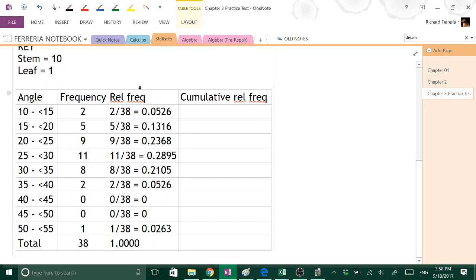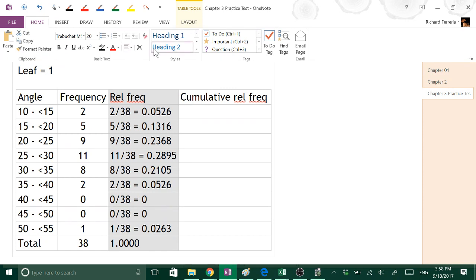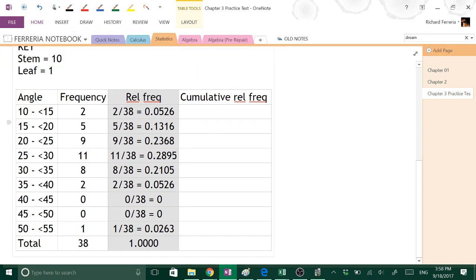That adds up to 1. Okay. So that's how we get our relative frequencies, just dividing every frequency by the total. On the test, do you have to do decimal or can you just leave it in the fraction? Either would be fine.